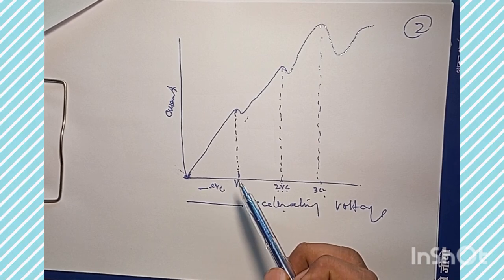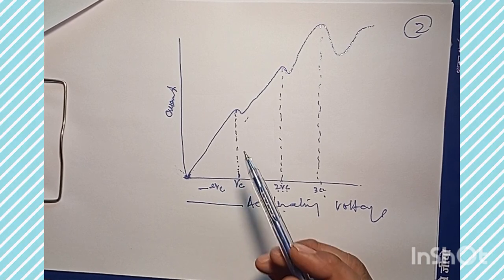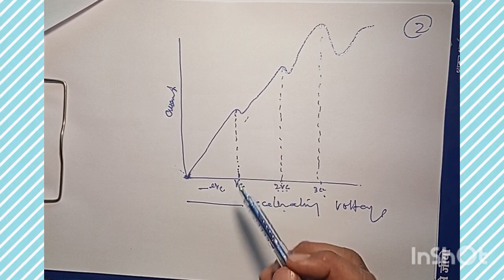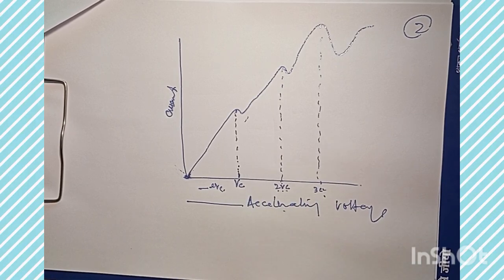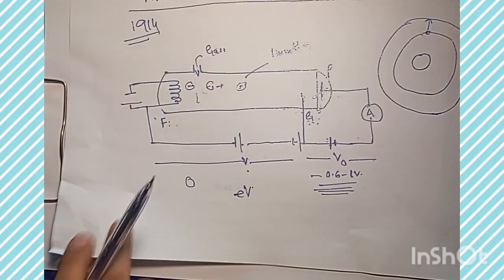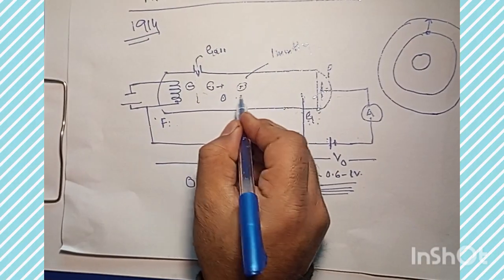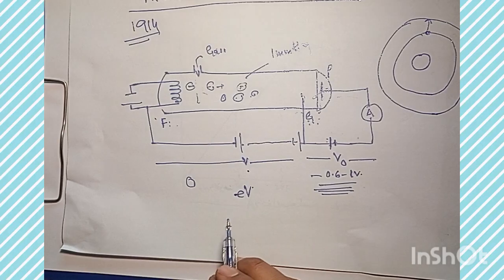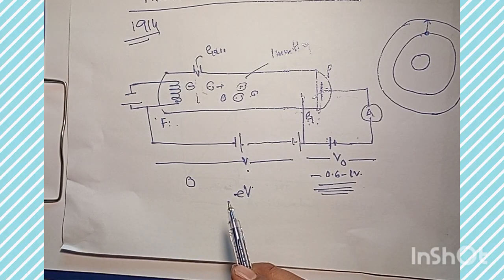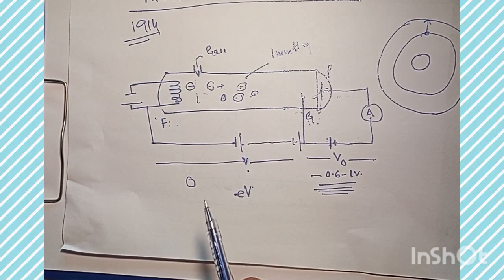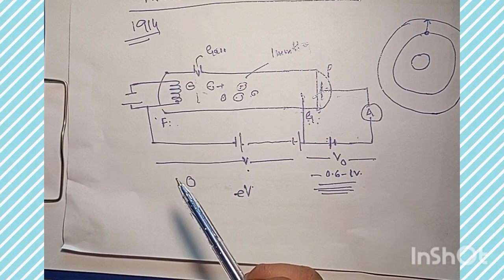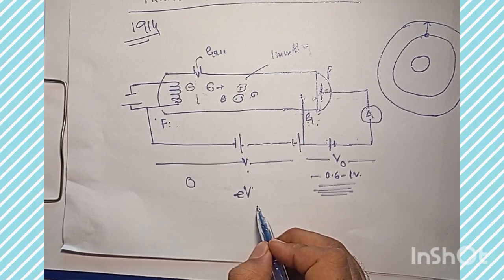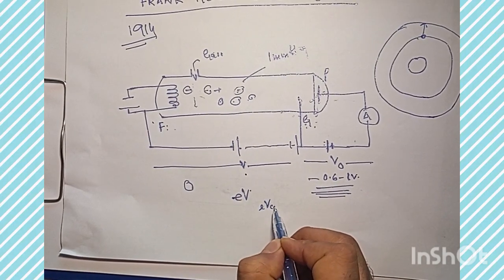Now the experiment that we have demonstrated here shows that electrons transfer energy to the gas atoms in discrete amounts, and that they cannot excite atoms if their energy is less than some eVC.